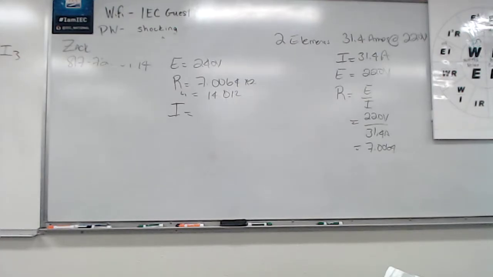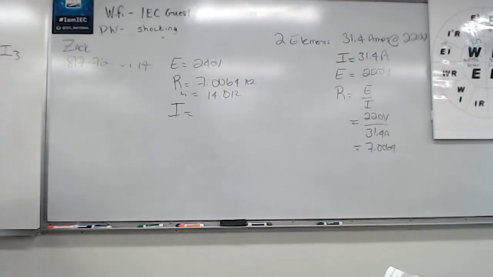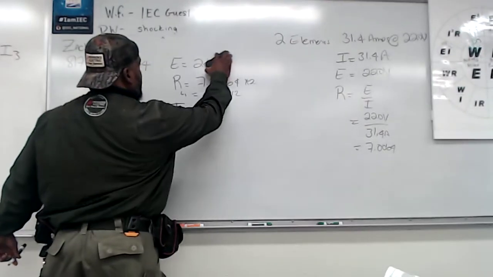Well, we don't have E total, because E total is actually 480. We could change that E to E total. If we're going to do total resistance, then we need total voltage. So that 240 needs to be 480 then, right? Yes, if that's what we're doing.